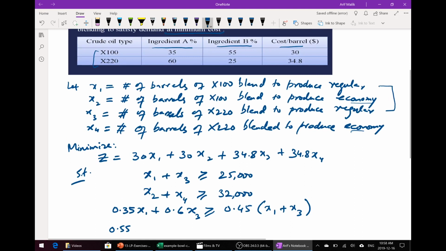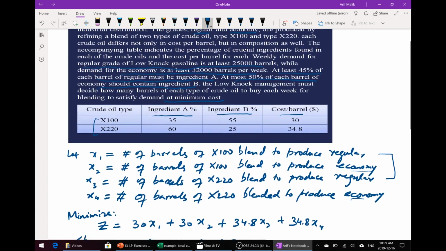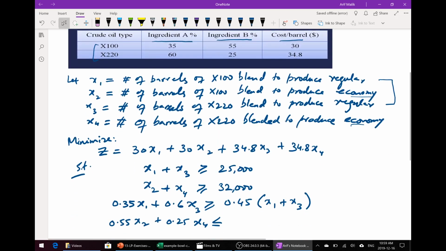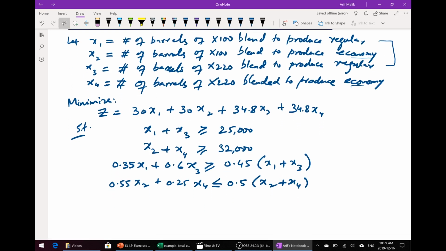So 0.55 X2 plus 0.25 X4 should be, it says at most, so it is less or equal to 50% of each barrel of economy. So it is 0.5 times X2 plus X4, which is the total of economy. So these are the four constraints.